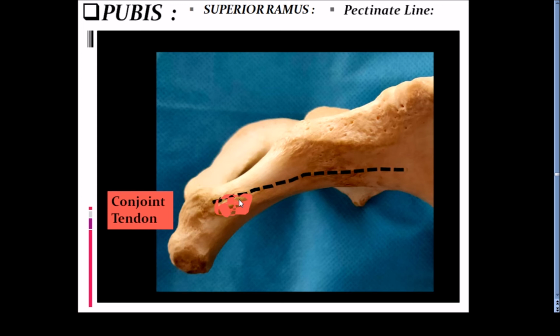So the medial end of the pectinate line gives attachment to the conjoint tendon. On the medial end, in front of this conjoint tendon, it gives attachment to the lacunar ligament.